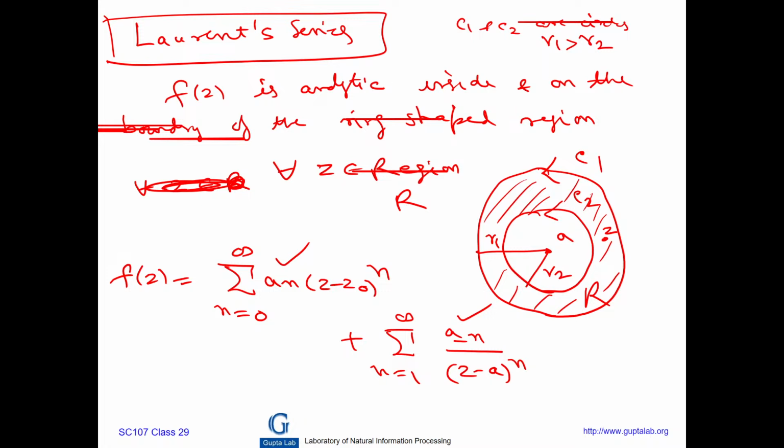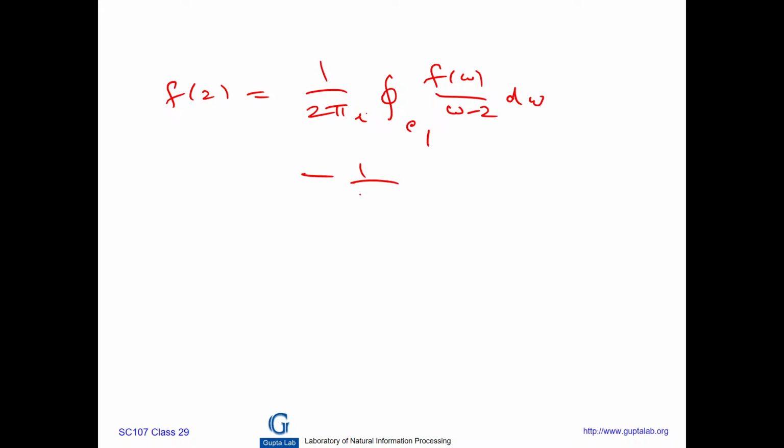So how will you prove it? Again by Cauchy integral formula, f of z is analytic, so basically f of z is nothing but 1 over 2 pi i integration along C1 f of w divided by w minus z dw minus 1 over 2 pi i integration along C2 f of w divided by w minus z dw.